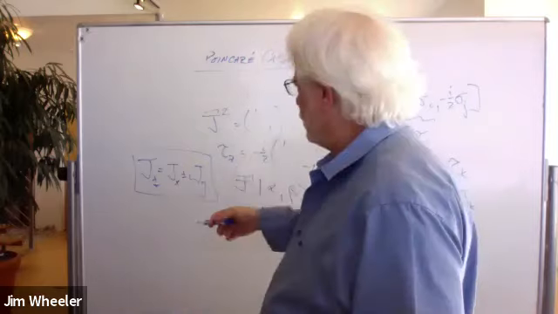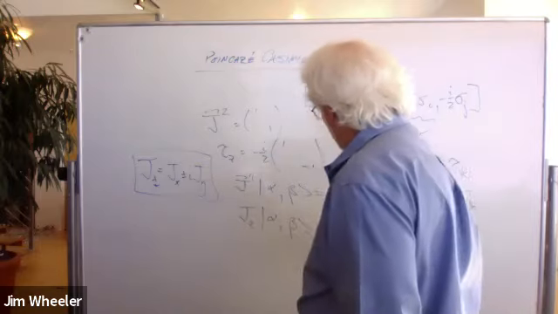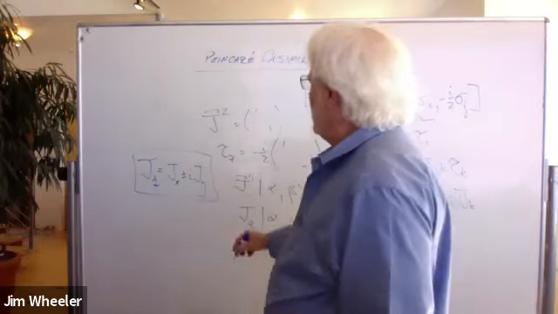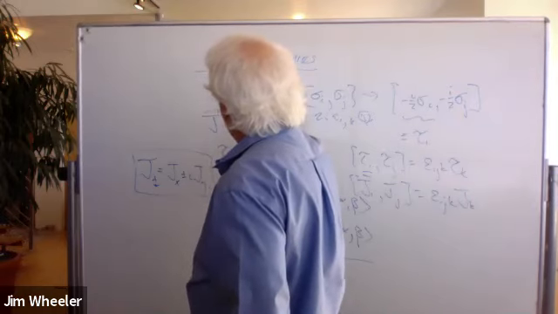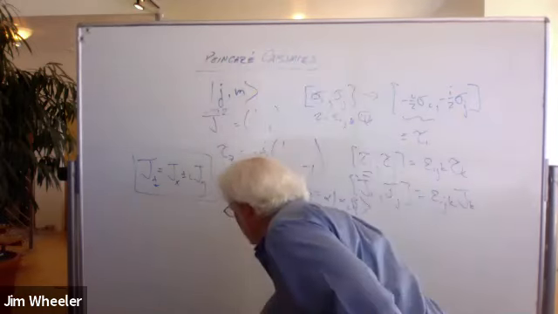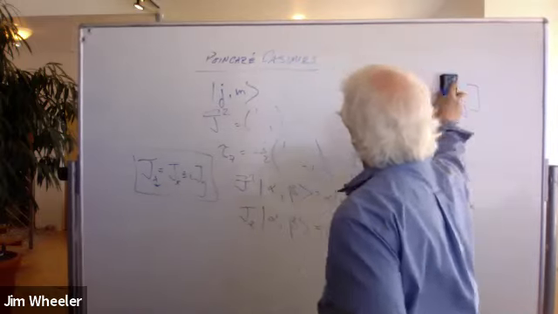They just run through what all of these operators do to these states. And it turns out that we label them by two numbers, which are most conveniently called j and m.